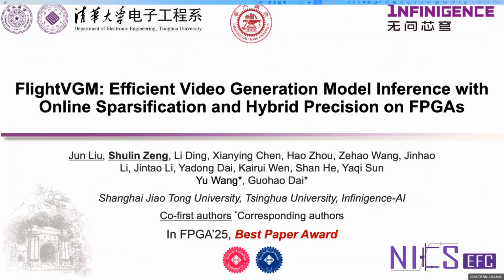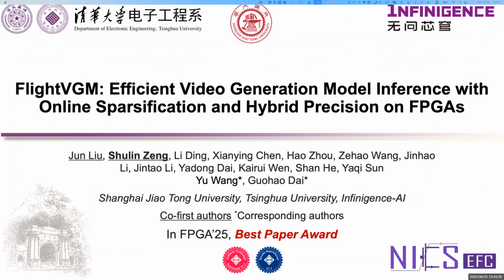So the next work is our latest work on accelerating video generation models with online sparsification and hybrid precision. It follows a similar software and hardware co-design technique, but as I mentioned, the video generation model is compute bound.